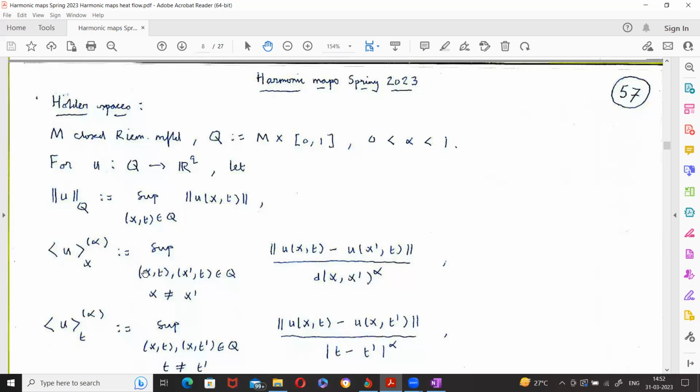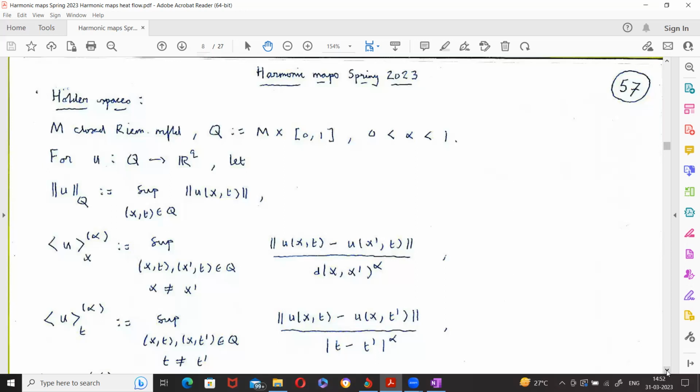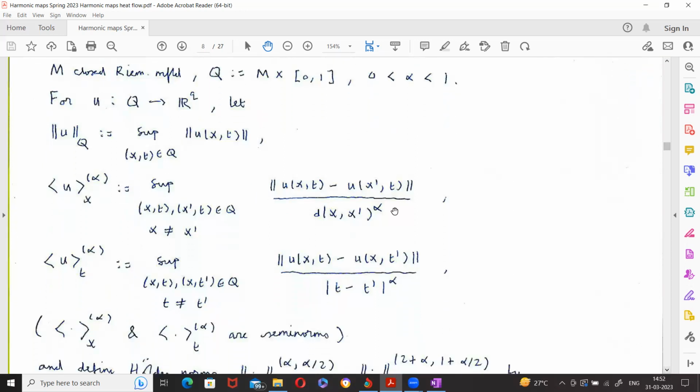So what you do here is you take the sup over (x,t) and (x',t) in Q, where x is not equal to x', and then you look at the norm of u(x,t) minus u(x',t) and divide this by the distance d(x,x') to the power alpha. Okay. So this defines a semi-norm on functions, right? Okay. So we're taking a Holder norm in the space variable only. So the t is the same here. Only x and x' are different. All right.